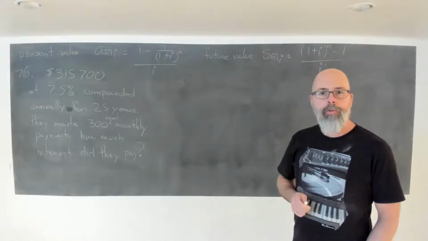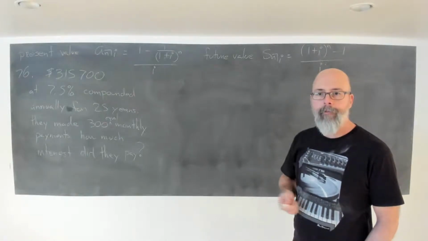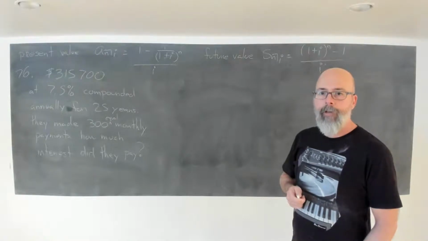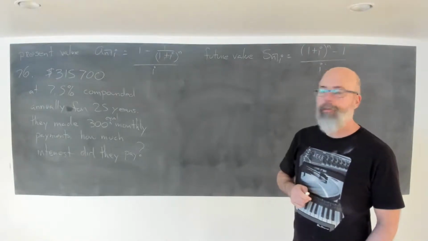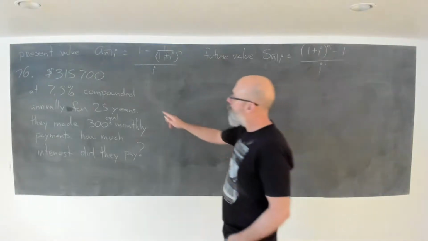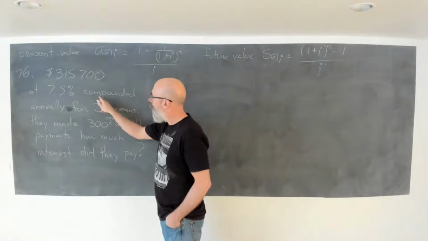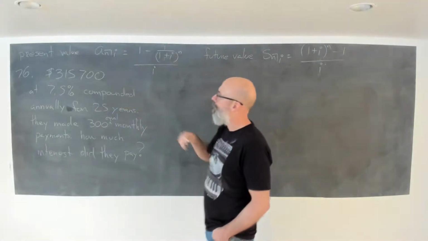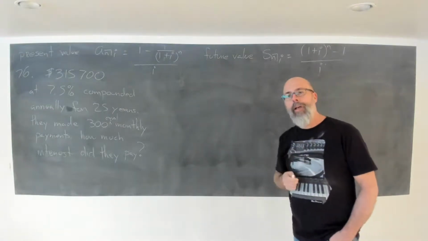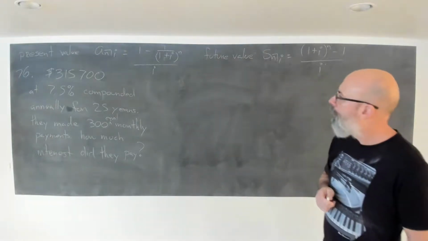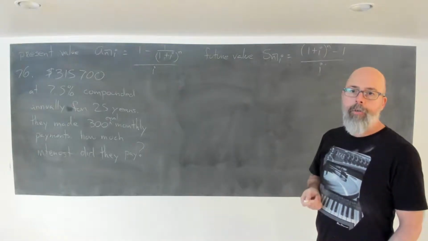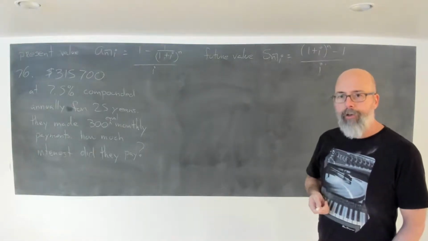We're going to find the equivalent. Because if you just divide by 12, that would have been the 7.5% compounded monthly. So it's not as easy as dividing by 12, but rather we find the equivalent rate compounded monthly.